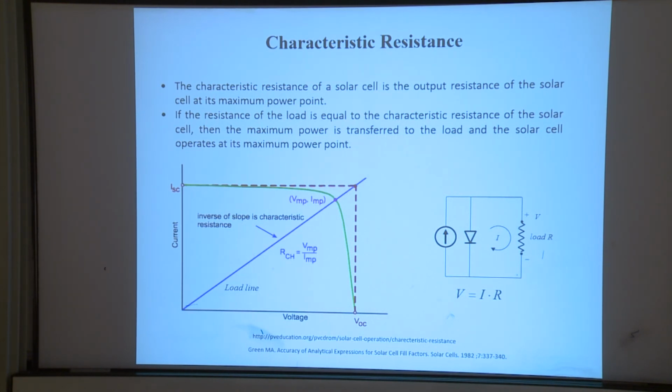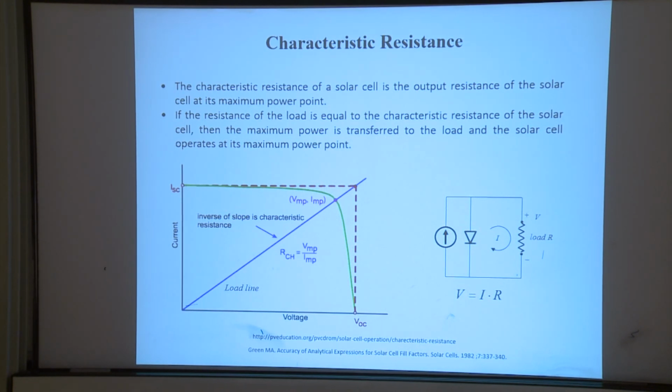Okay, the characteristic resistance is the resistance that gives you the maximum output. So if you know the circuit, you just put the right resistance so that this load line, the resistance line, is right. The slope is the resistance, right?